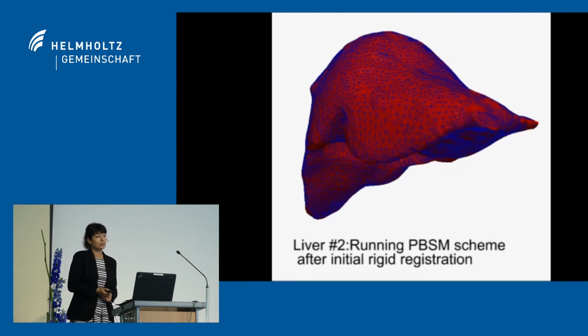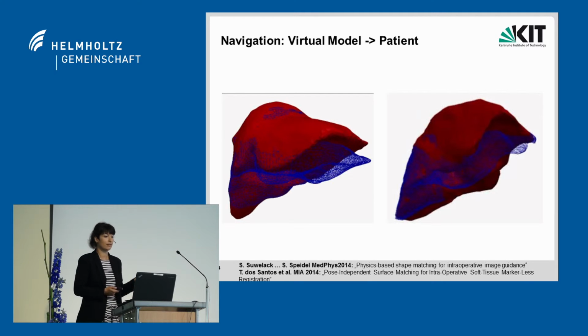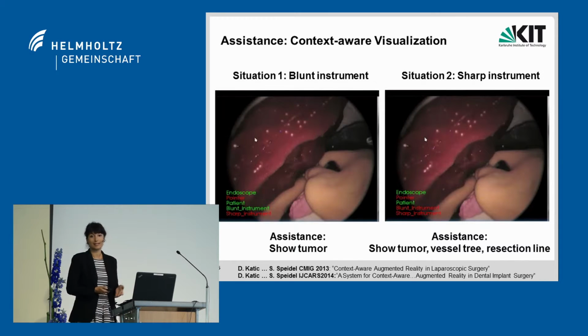So in the end, we want to provide assistance to the surgeon to help with navigation and to optimize patient therapy. But we don't want to show all the information all the time. We want to provide the right information at the right time. So this is called context-aware visualization.